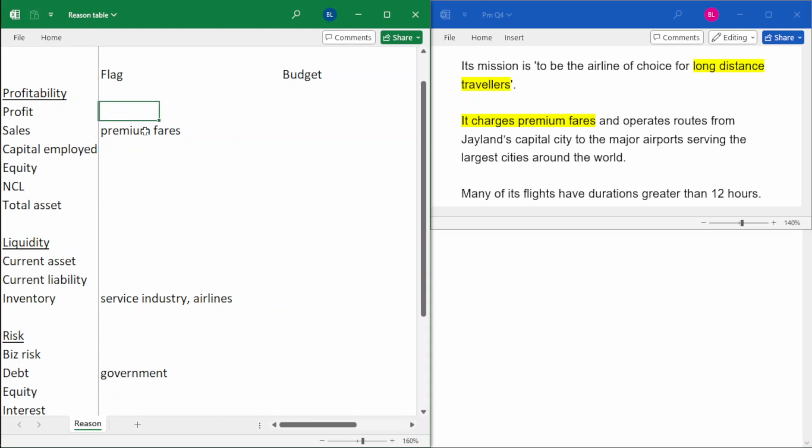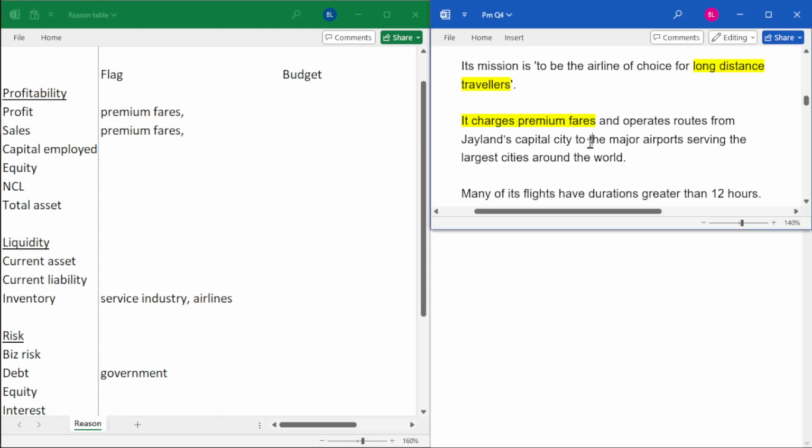If you charge premium, a higher price, maybe the profit is higher, so let's put inside the profit. Operating routes from the capital city to larger cities around the world, this one is long distance.